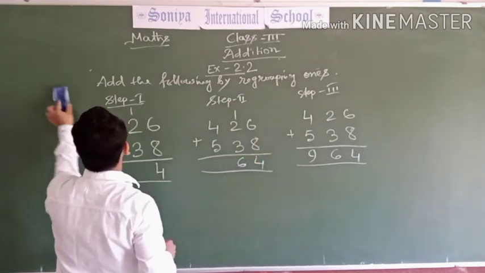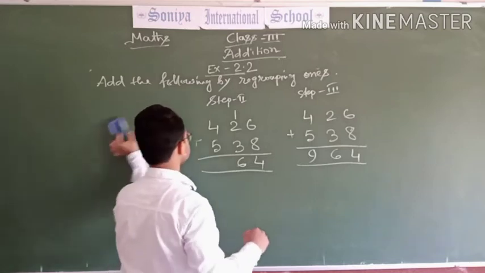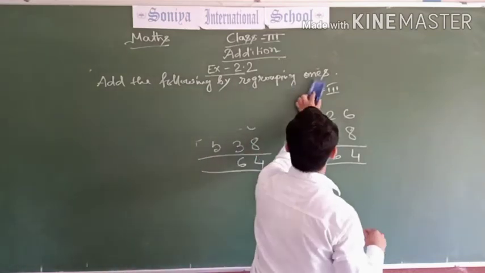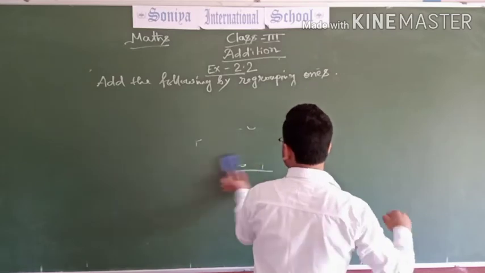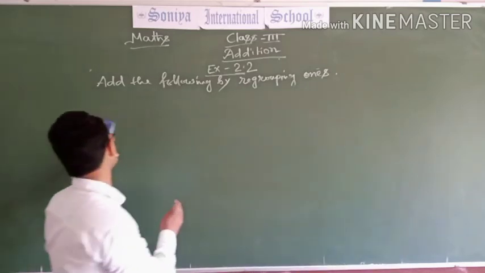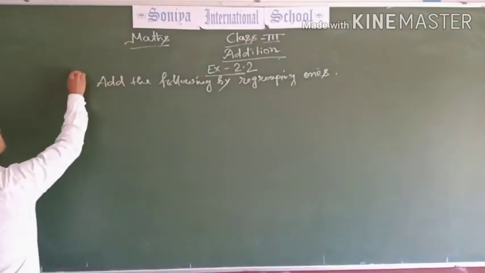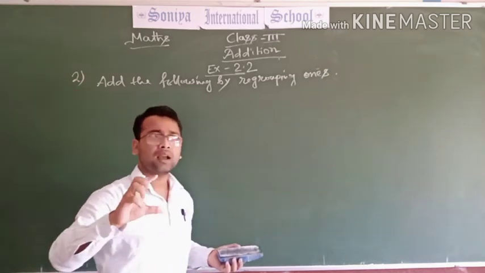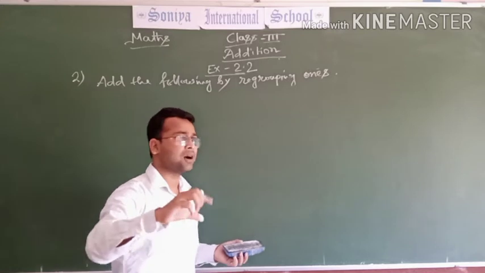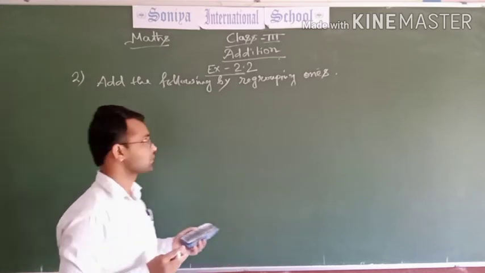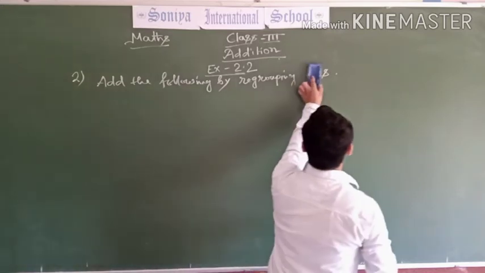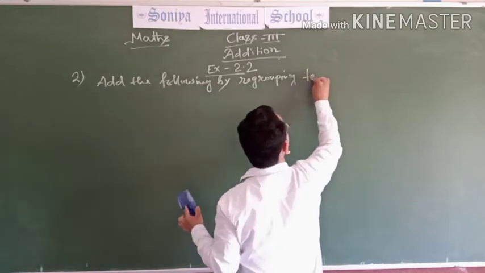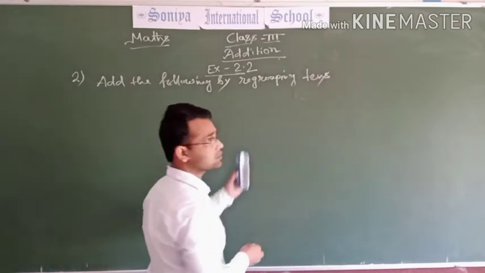That means number 2. Here, whenever we regroup tens, the carry in addition comes after the tens places.